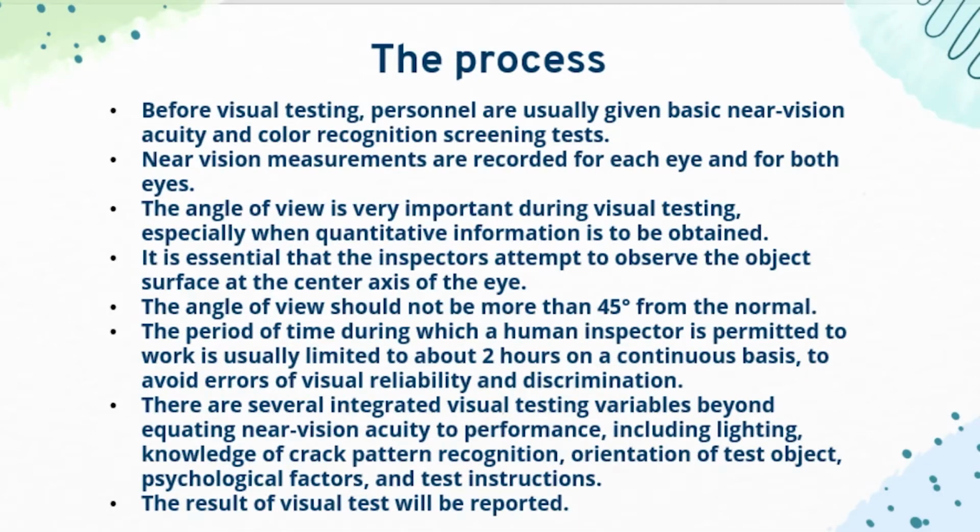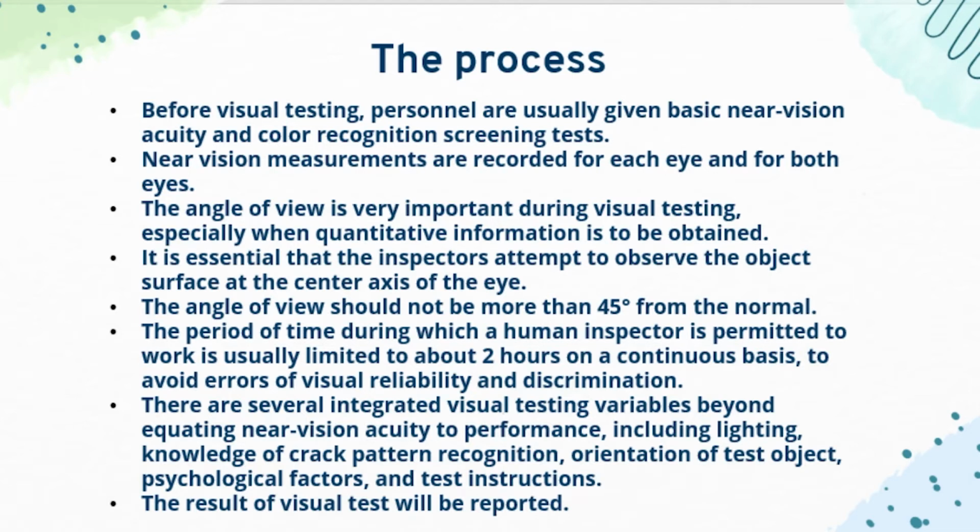So I'll go to the process. In this part, I will explain how someone can be an inspector for the visual test and send the result of the visual test to be reported.